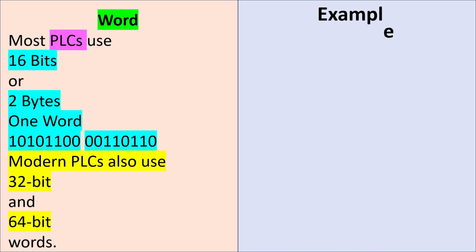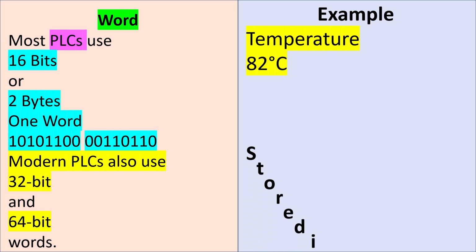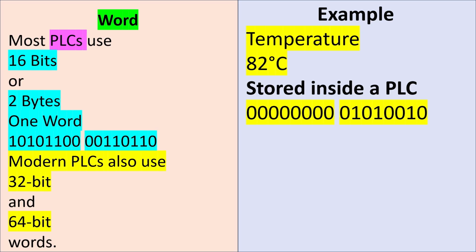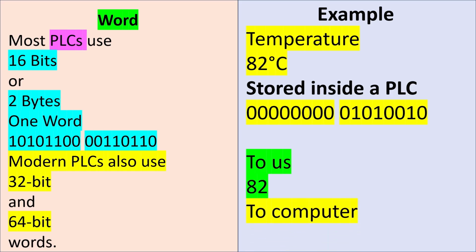Example. Temperature: 82 degrees Celsius. That's what's stored inside a PLC, is all those zeros, then 0, 1, 0, 1, 0, 0, 1, 0. To us, 82; to the computer, a binary number.